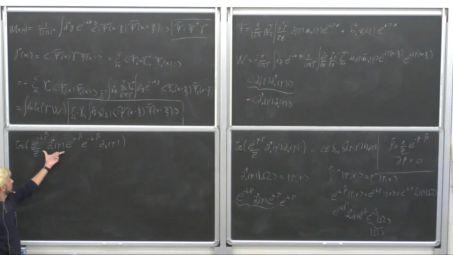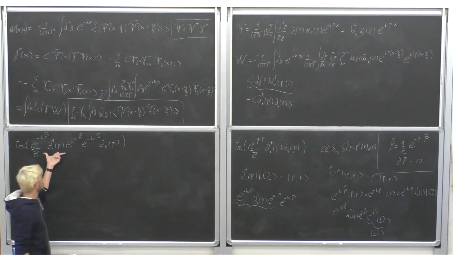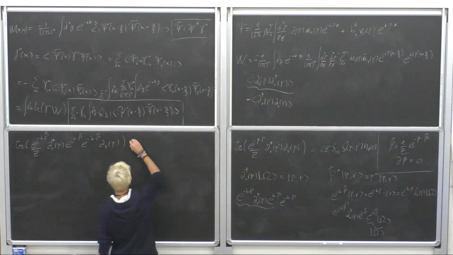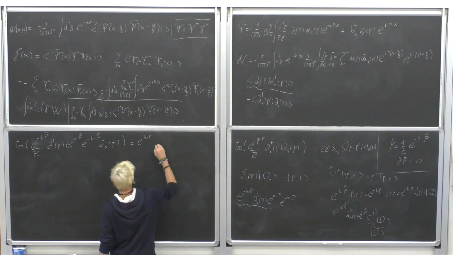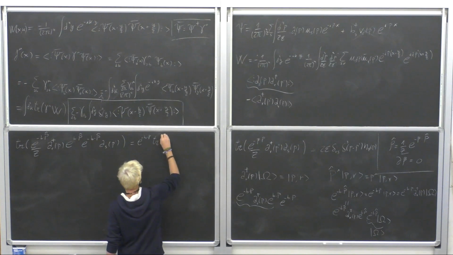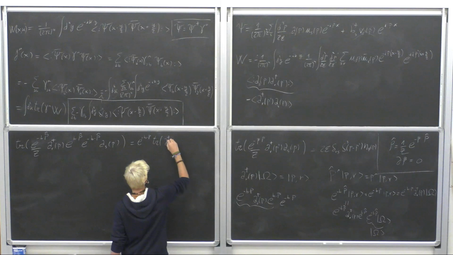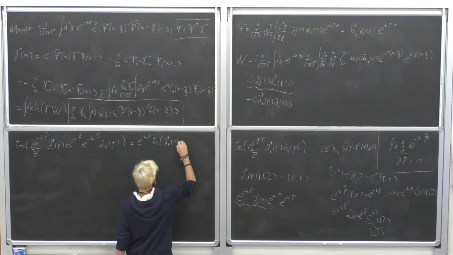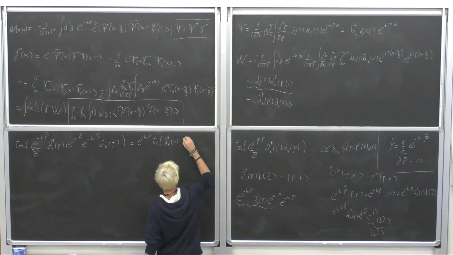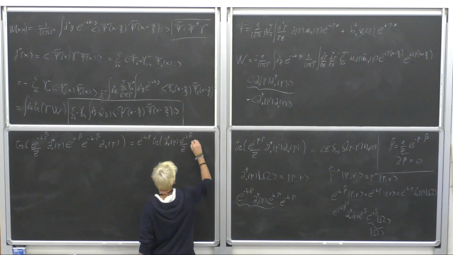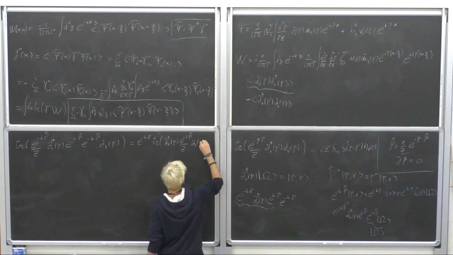Now we have found that this is just an exponential, just a number. And this gives us e^{-βp} times the trace of a†_r(p) e^{-βP}/Z a_s(p').